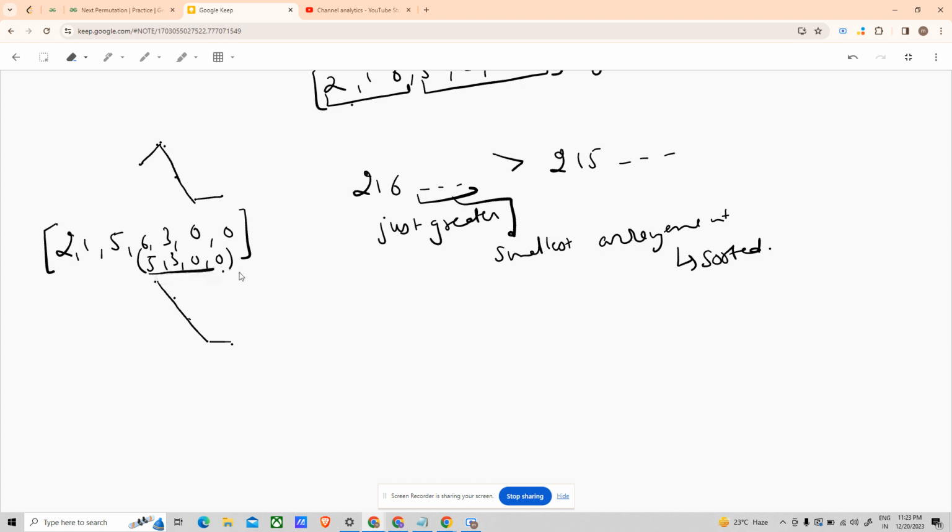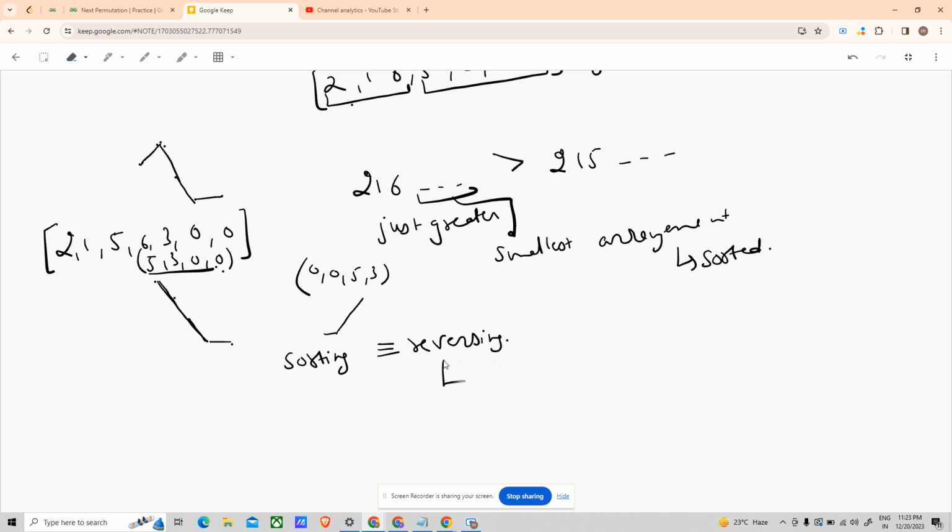Okay. And I have to reach up till 0, 0, 5, 3. Are you able to see that here I have been seeing a decreasing order and here I have to see an increasing order. So isn't it that sorting here is equivalent to reversing?